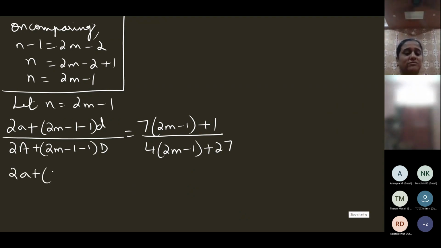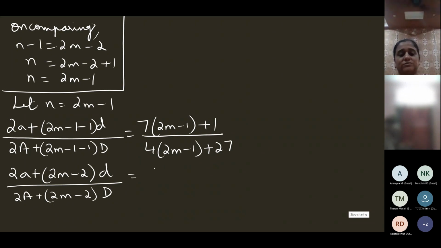Then 2a plus 2m minus 2 into D, divided by 2 capital A plus 2m minus 2 capital D, is equal to 14m minus 7 plus 1 by 8m minus 4 plus 27.